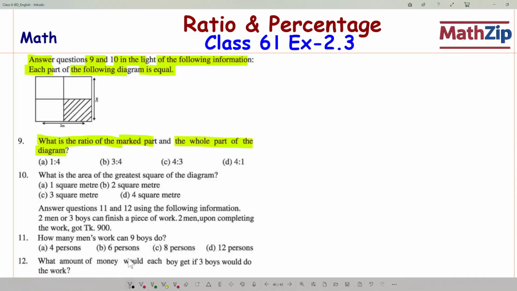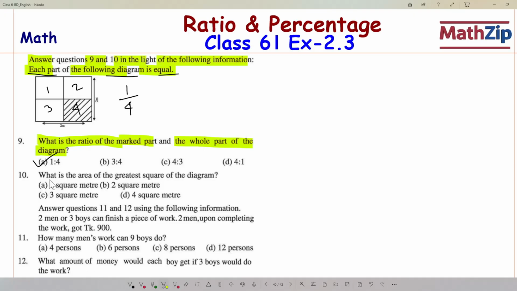Look, in this diagram it is already mentioned that each part is equal. So here this diagram has 4 parts: 1, 2, 3 and 4. What is the ratio of the marked part? The marked part is 1 square, so it will be 1/4. So the answer is number A.